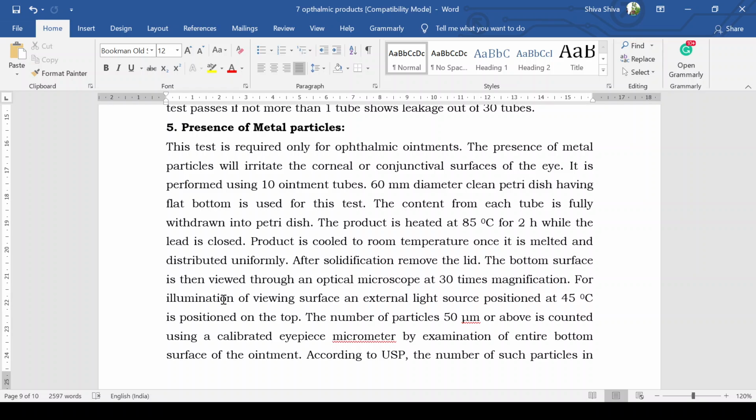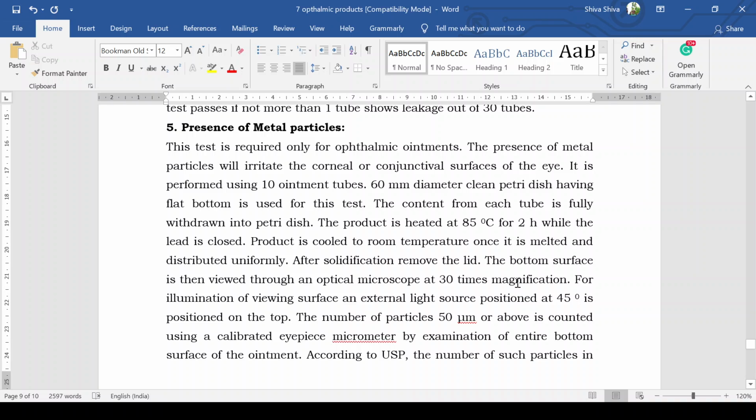Then the product is cooled at room temperature once it is melted and distributed uniformly. After solidification, remove the lid. The bottom surface is then viewed through an optical microscope at 30 times magnification. For illumination of the viewing surface, an external light source is positioned at a 45 degree angle on the top.